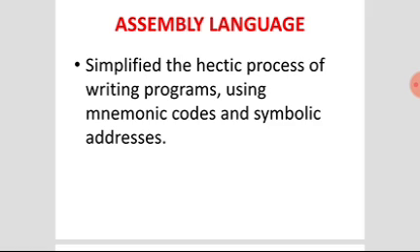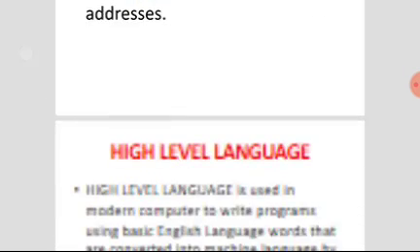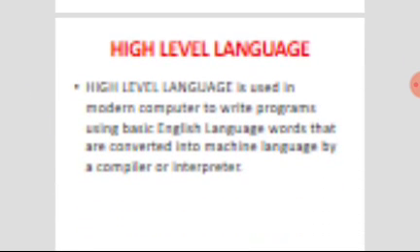Now, the time required to write these assembly language programs was much higher, and these programs had limited access as they were specific for different processors. So that's all there is in assembly language. Let's move towards the high level language.